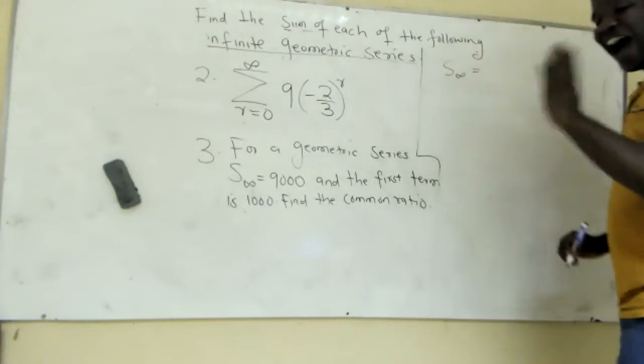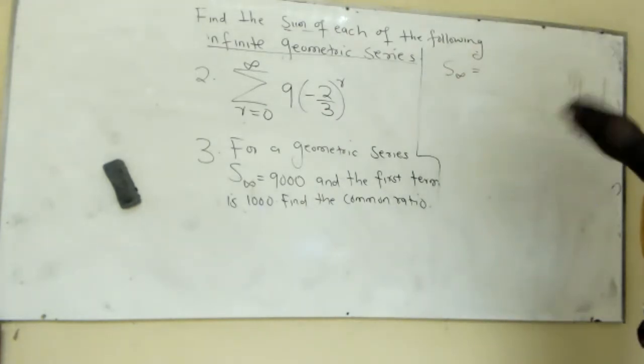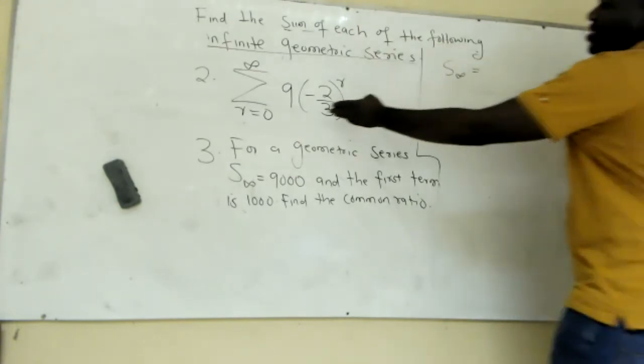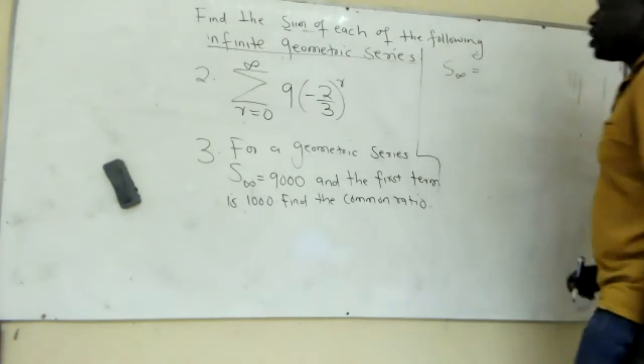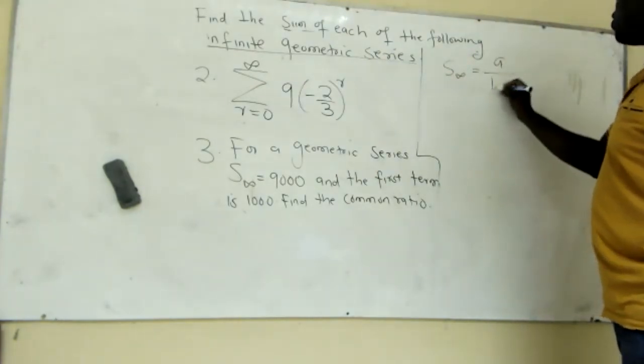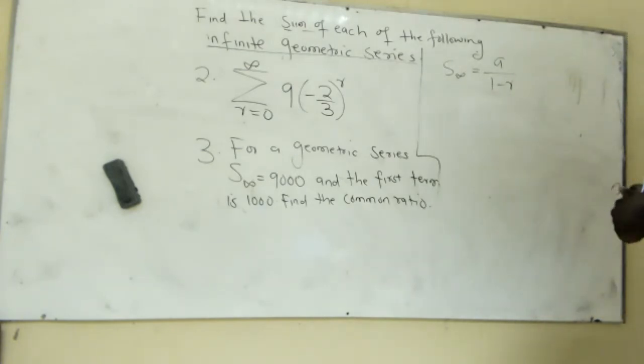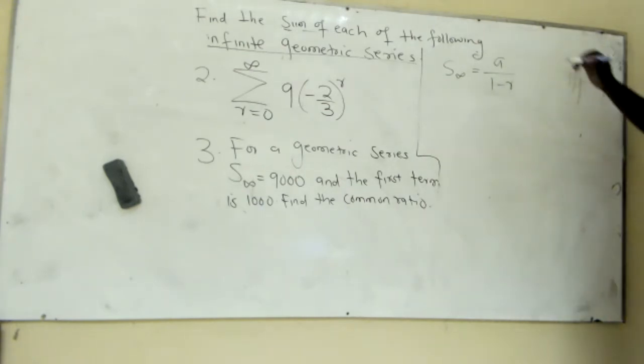Out of the 4 formulas I've given you for calculating the summation, you must be able to pick the correct one. In this case, because we are talking about the infinite geometric series, you need to use this formula, and it's the only formula you can apply to solve this kind of question.